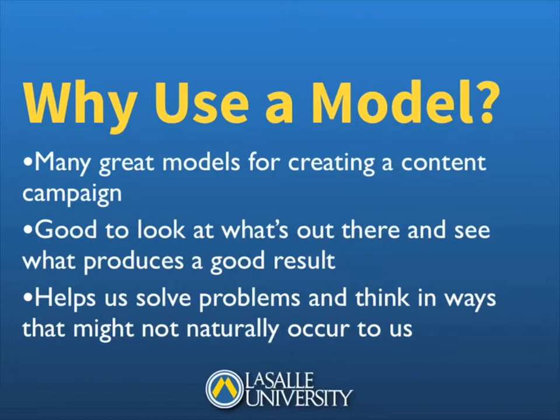So when we use a step-by-step model, that will allow us to base our brainstorming and our creation of the campaign on something that somebody has used before. We can always tailor it and improve it and put our own spin on it, but we don't need to completely reinvent the wheel because there are many different good models out there.